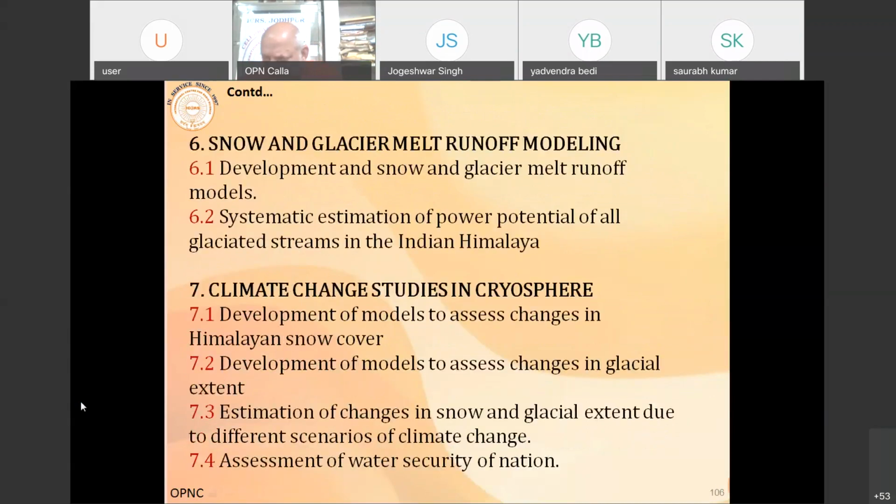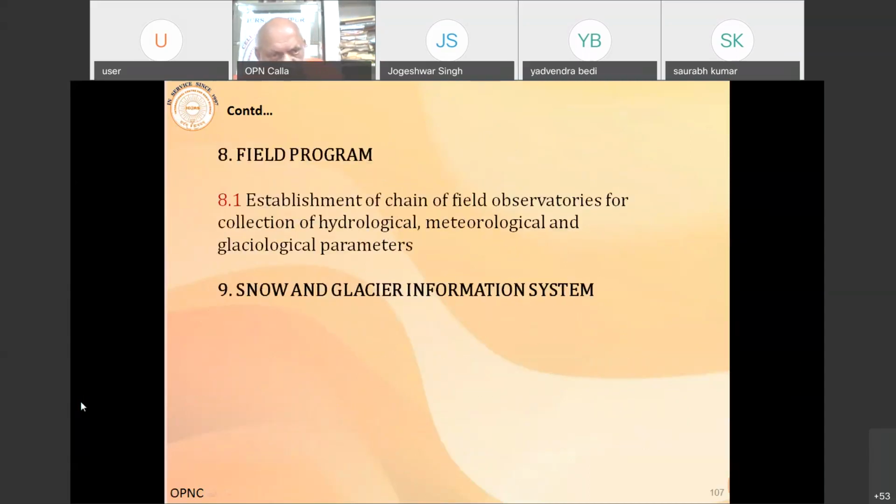Then snow and glacier melt runoff, and climate change studies in the cryosphere. Then we have a field program for establishment of a chain of field observatories for collection of hydrological, meteorological, and glaciological parameters. And finally, the snow and glacier information system.